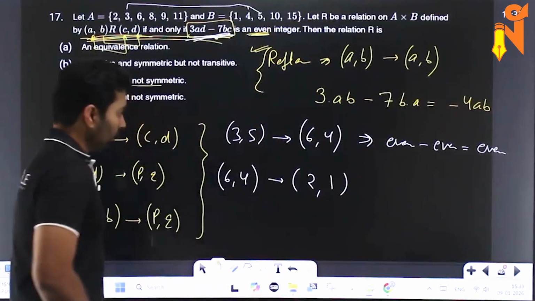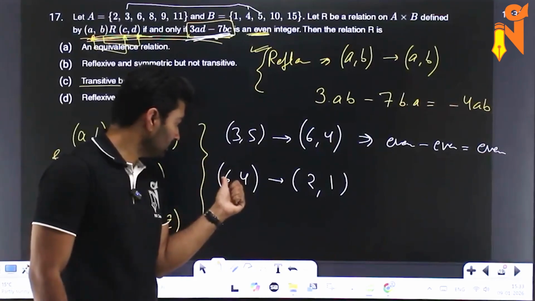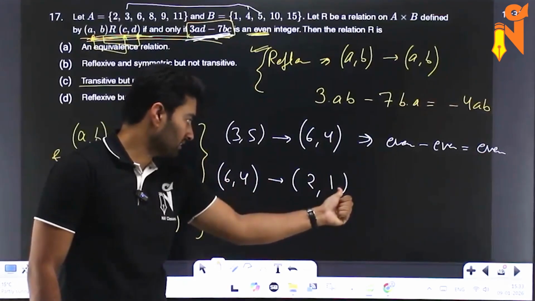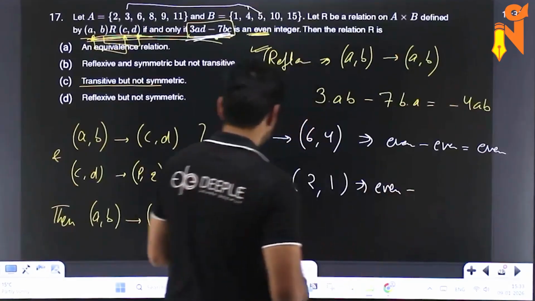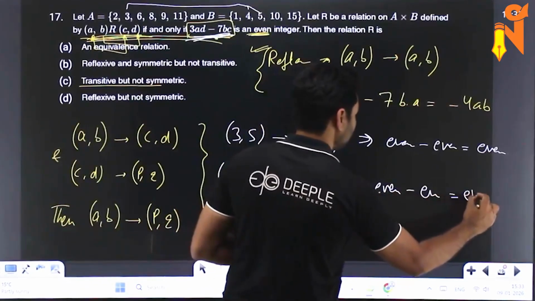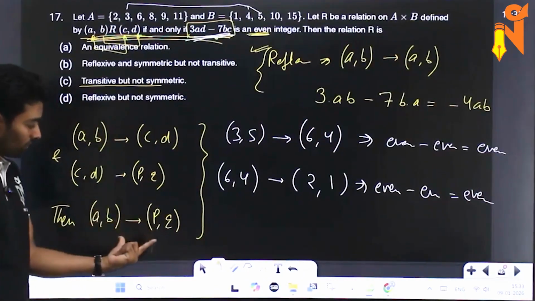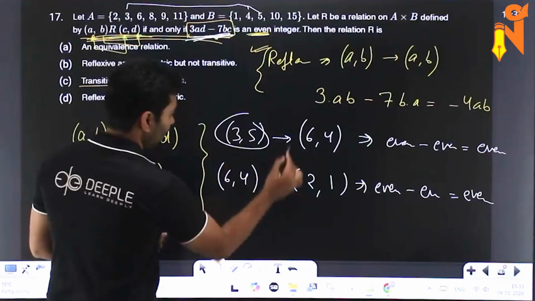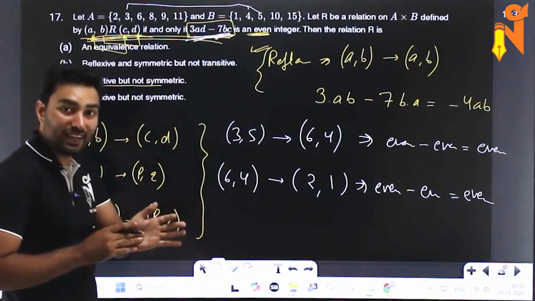For example, now I will check that this should be even. So 3 times 6 into 1 is an even number, minus 7 times this is also an even number. So even minus even is also even. That means this and this should also be even. If this is correct, then this is transitive.